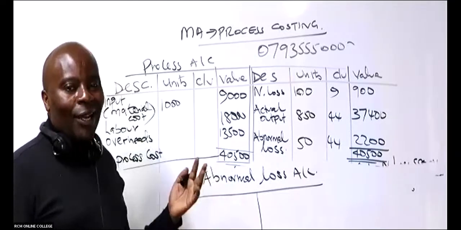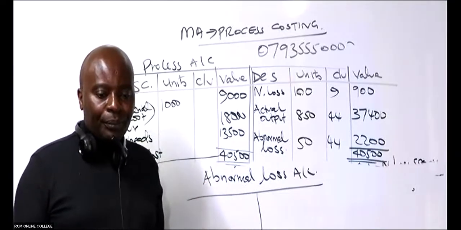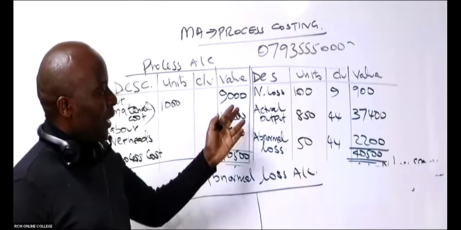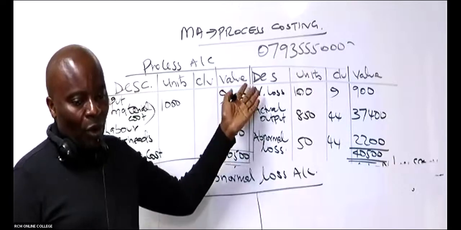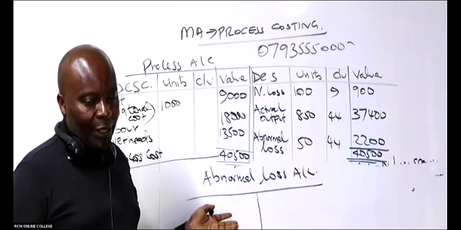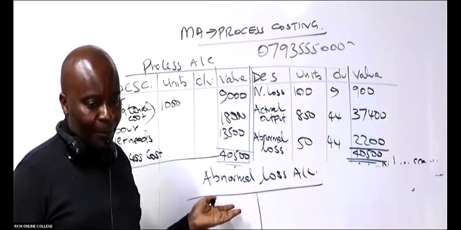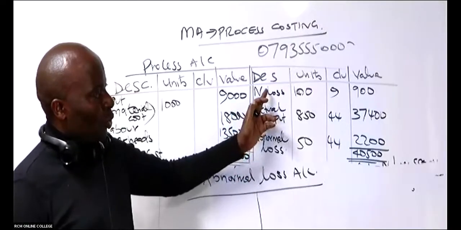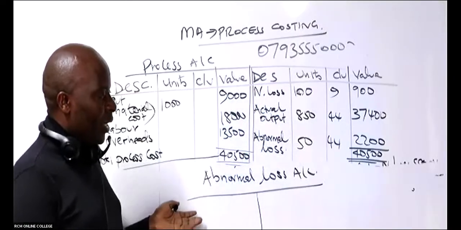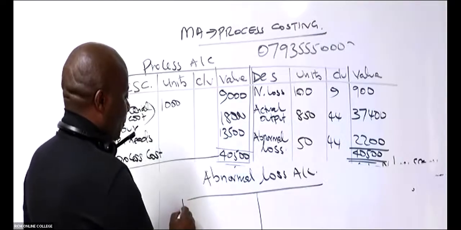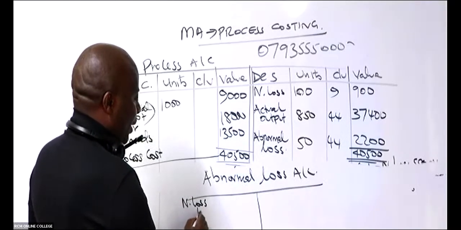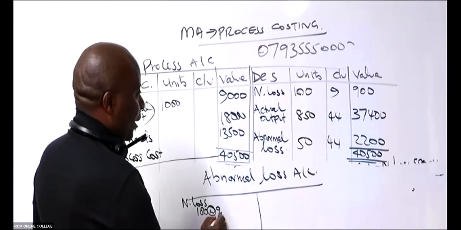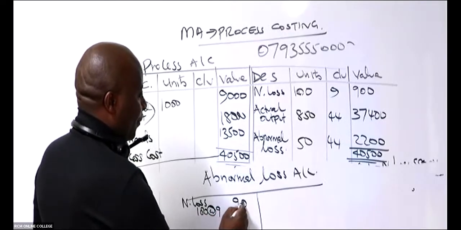It's basically a losses account. You see, you bring the normal loss here. Here the normal loss was credited, so it will be debited here. So we have here normal loss, 100 at 9, giving us 900.